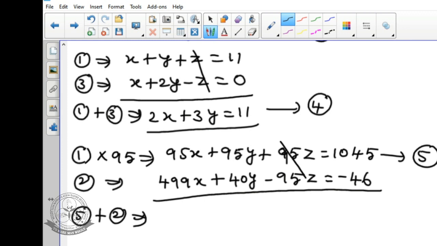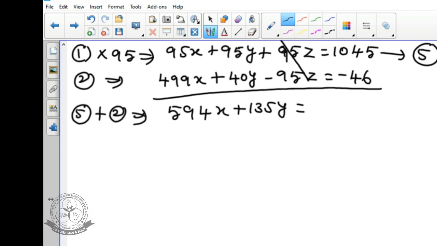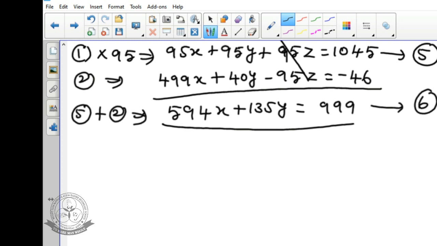The z will be cancelled. So 95x plus 499x will be 594x, plus we can add 135y, equal to 999. You have to give this equation number 6. Okay.